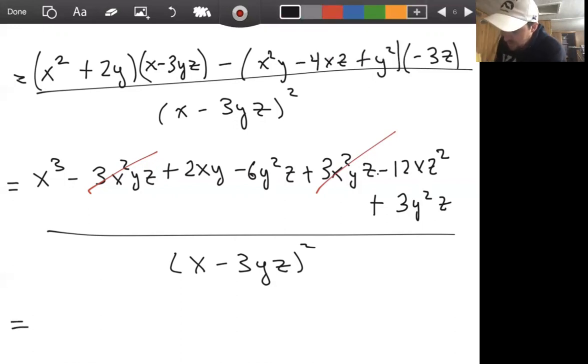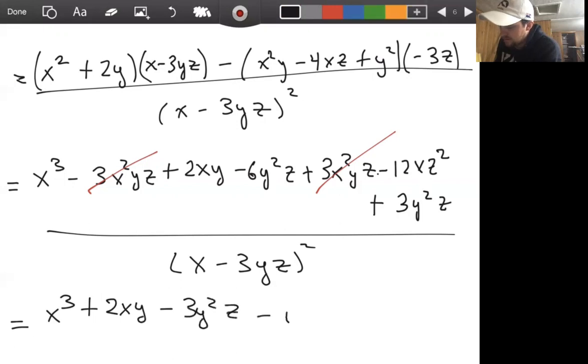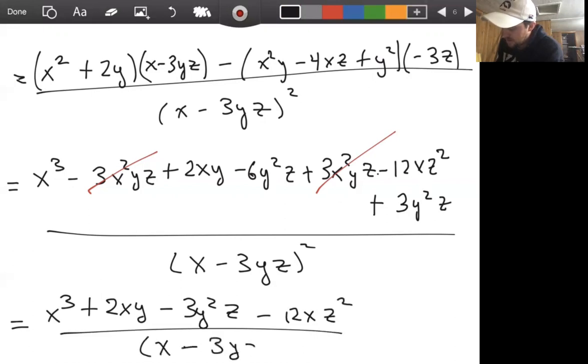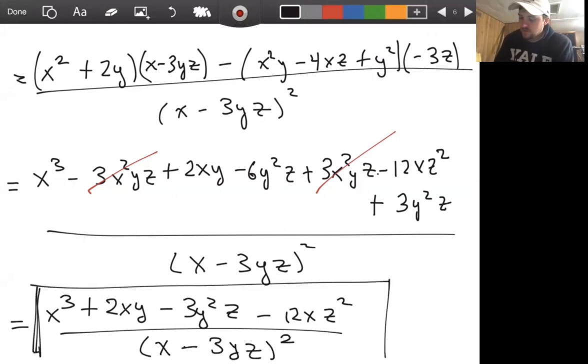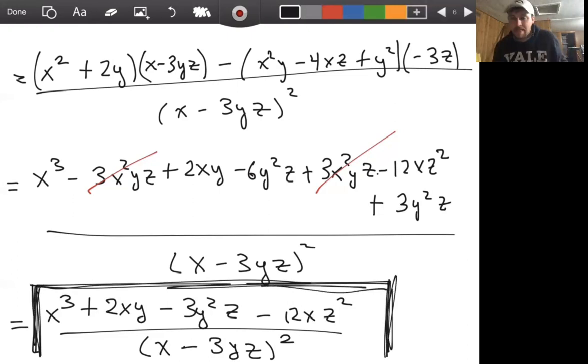And so that's going to be x cubed plus 2xy minus 3y squared z minus 12xz squared, all over x minus 3yz quantity squared. And so here was my partial derivative of the function with respect to y.